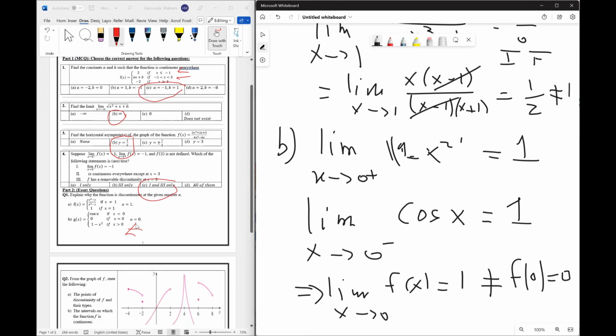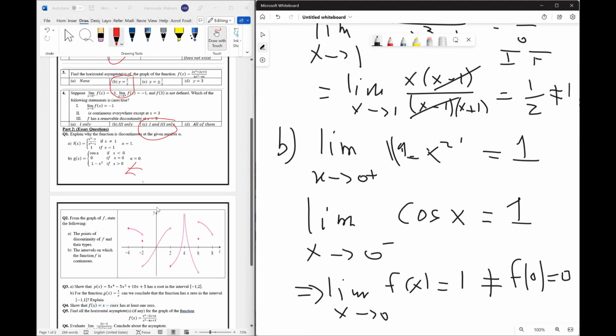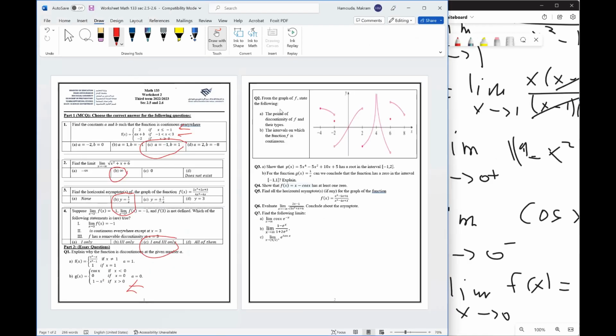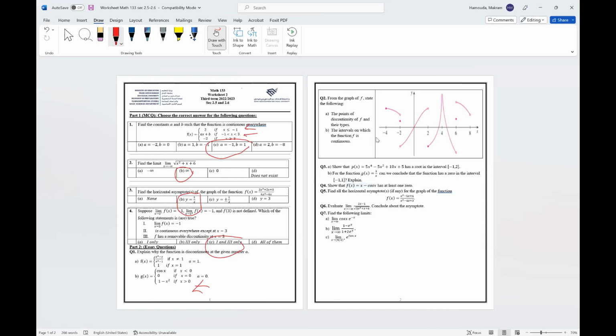Now we move to question 2, and here I will work directly on the worksheet. So you see here from the graph, we state the following, the points of discontinuity of f.